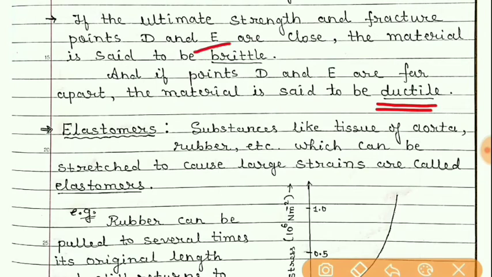So I hope you understood about brittle and ductile materials. Ductile materials are used to make wires as well as to make plain sheets from metals.